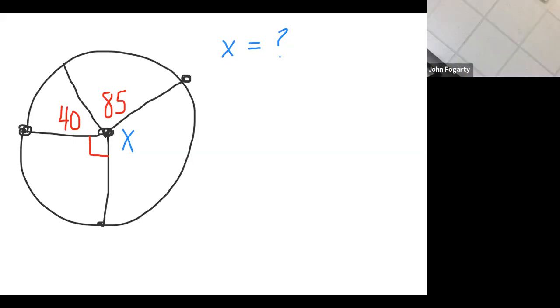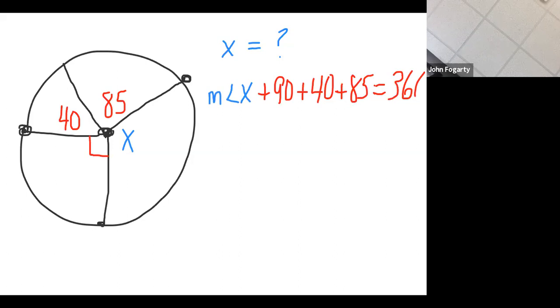So the measure of angle x plus 90 plus 40 plus 85 has to equal 360, right?